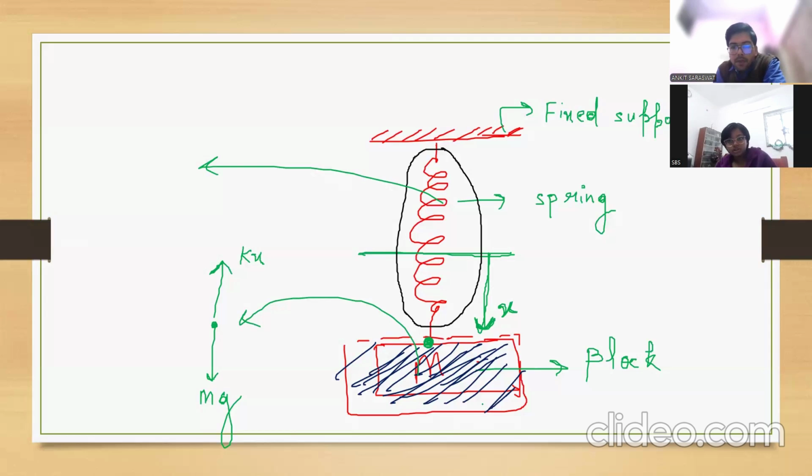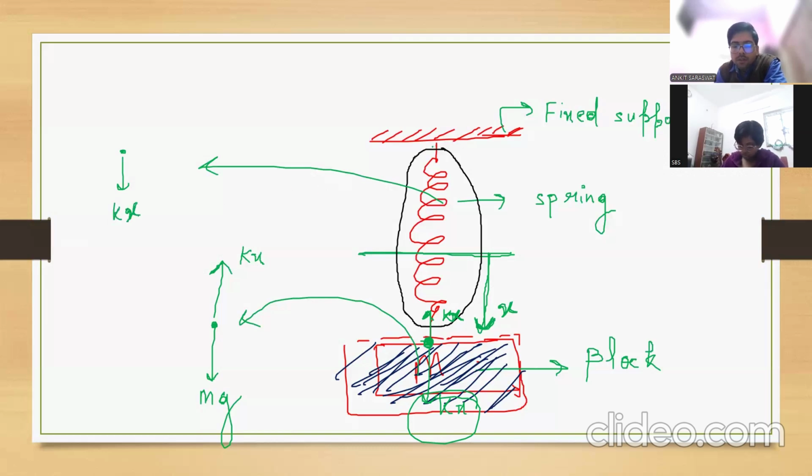See, at the end of the spring, if the spring is applying kx force on this block to balance it, then the block is also applying kx force on the spring. For every action there is an equal and opposite reaction. So kx down on this spring.